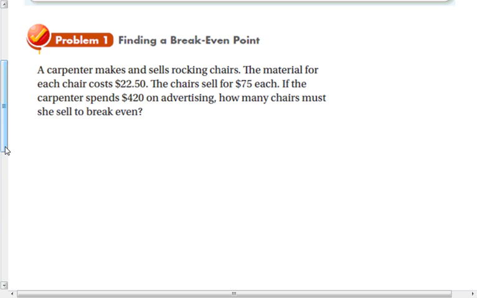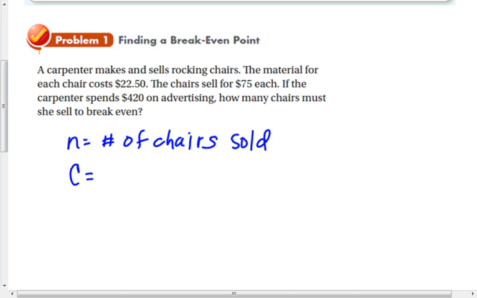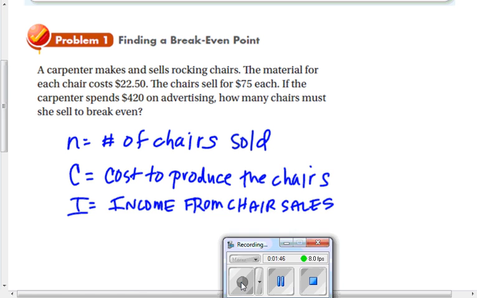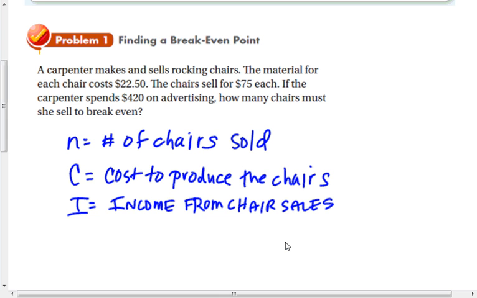So let's let n equal the number of chairs that are sold. And we'll let c equal the cost to produce them. And then we're going to let I equal the income from selling them. Now, using those variables, the cost to produce chairs is equal to $22.50 per chair.